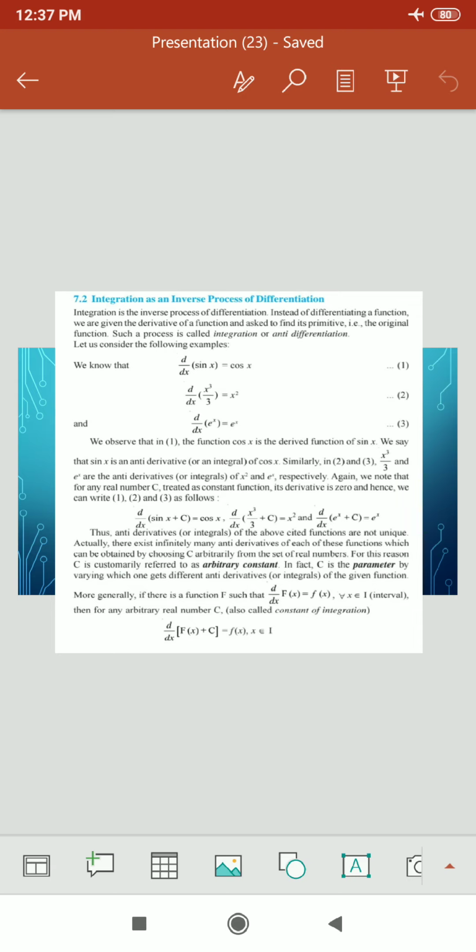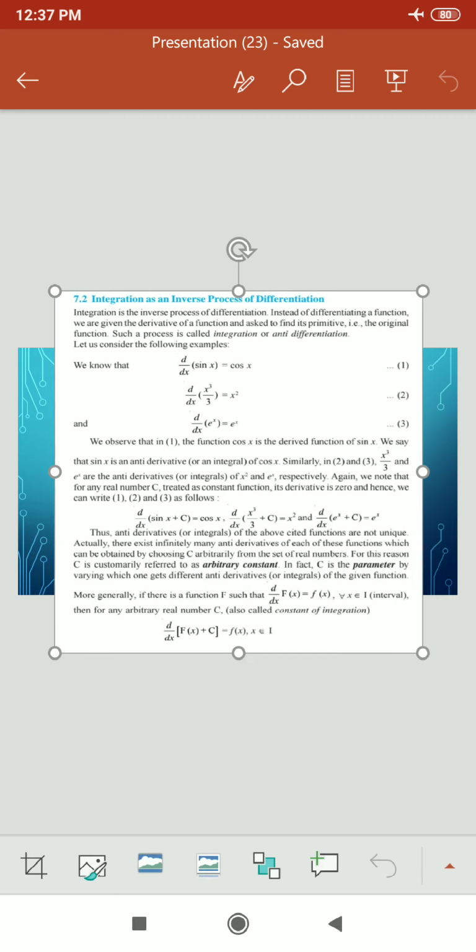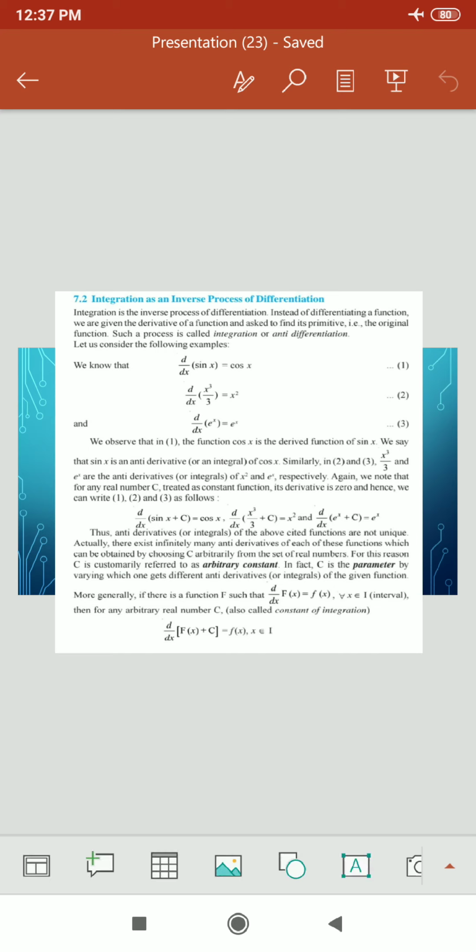We know that d by dx of sin x, that means the derivative of sin x, is cos x. One more example, derivative of x cube by 3 is x square. Derivative of e raised power x is e raised power x. Now in the very first example, we observe that the function cos x is the derived function of sin x.